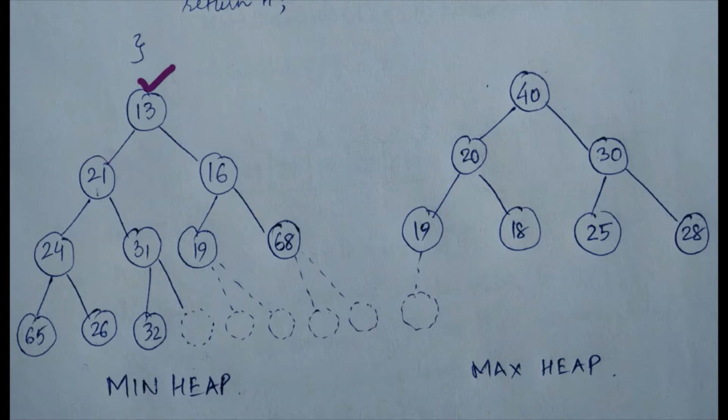It doesn't matter in which order you have the subtrees, 16 subtree on the left and 21 subtree on the right. This doesn't need to be in order. The only order that needs to be followed is that the children of the root in case of a min heap are greater than the root, and in case of the max heap, the children of the root are smaller than the root.